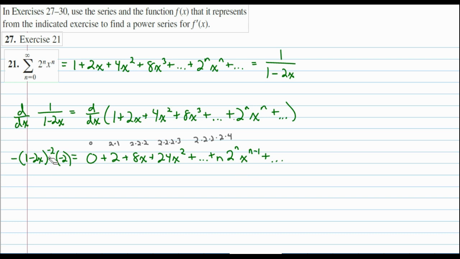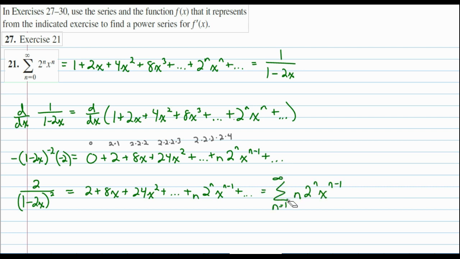So simplifying the left side here, I have 2 over 1 minus 2x squared, and that's going to equal my first term, 2 plus 8x plus 24x squared, and then my notation here for the expanded series, which in summation notation would be n equals 1 to infinity of our expression. And that's not going to be on the interval negative 1 to 1 anymore.